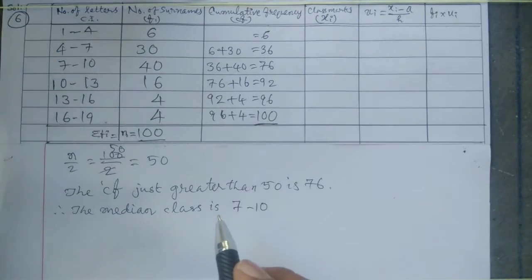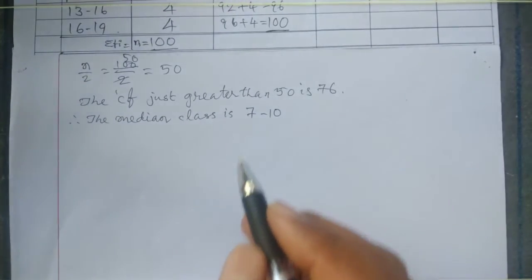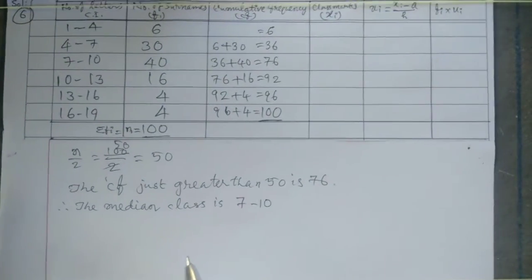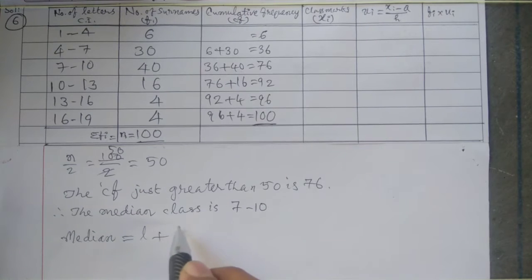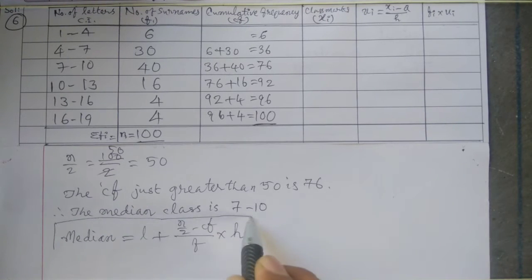Basing this median class, we can find median, which is equal to L plus (n by 2 minus CF) by small f into H. This is the formula to find median.